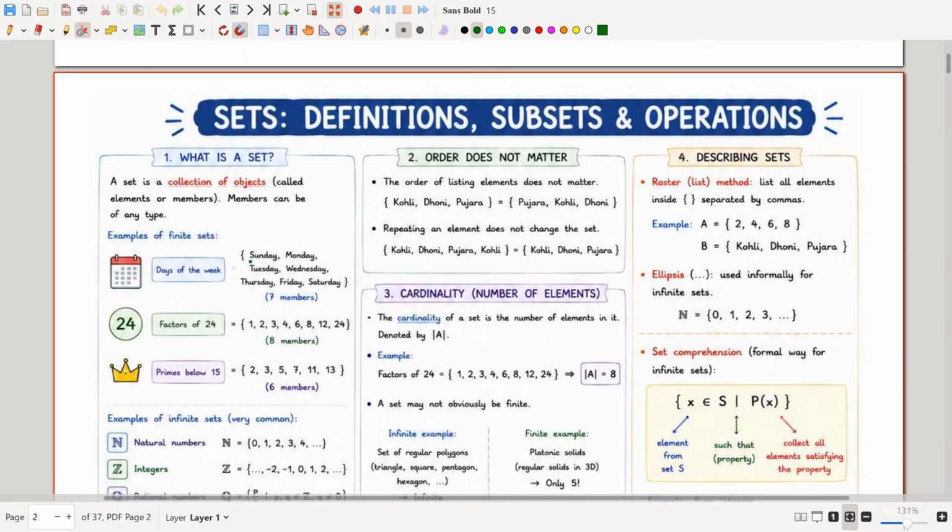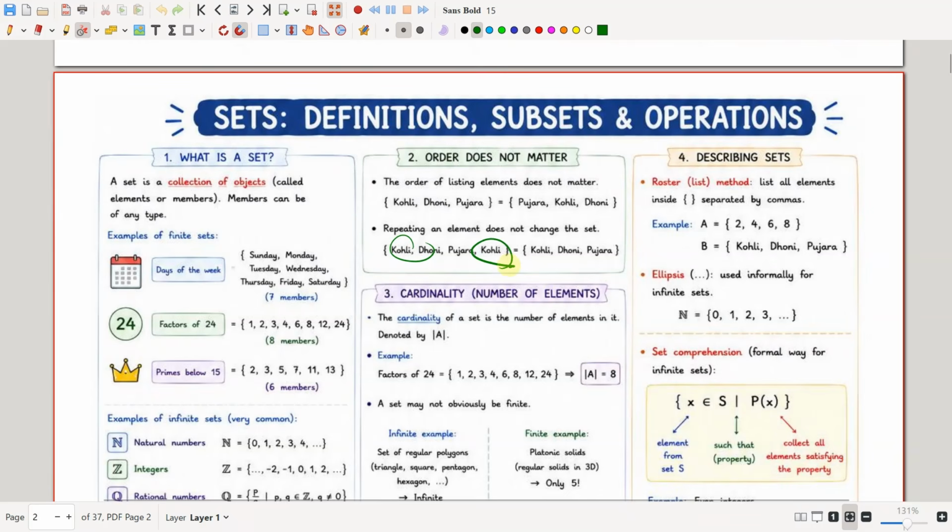Okay, so the order of the elements in the set does not matter. See, you can keep it like this: Kohli, Dhoni, Pujara, or Pujara, Kohli, Dhoni. They are equal. Repeating an element does not change the set. See, Kohli, Dhoni, Pujara, Kohli. Here Kohli is repeated twice.